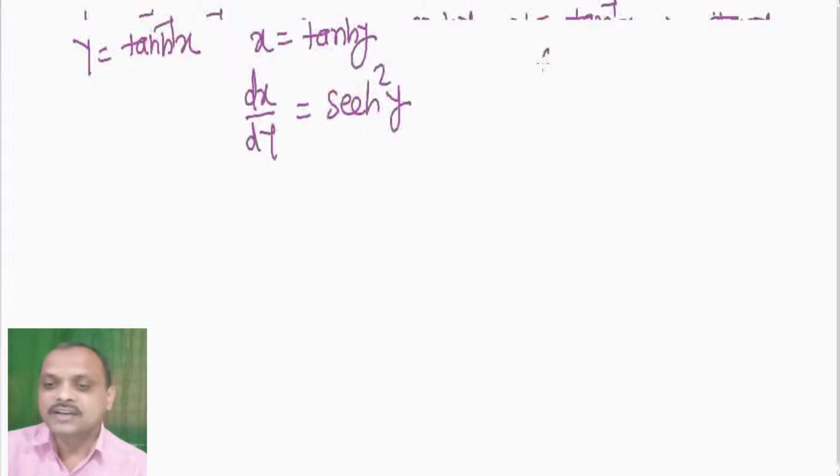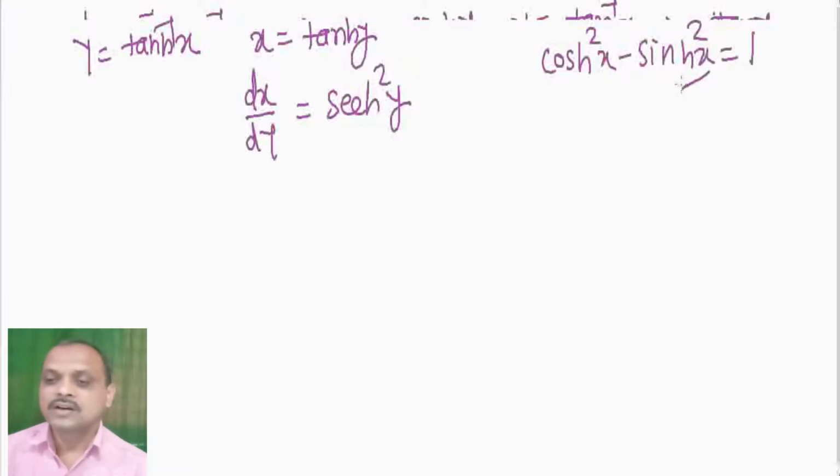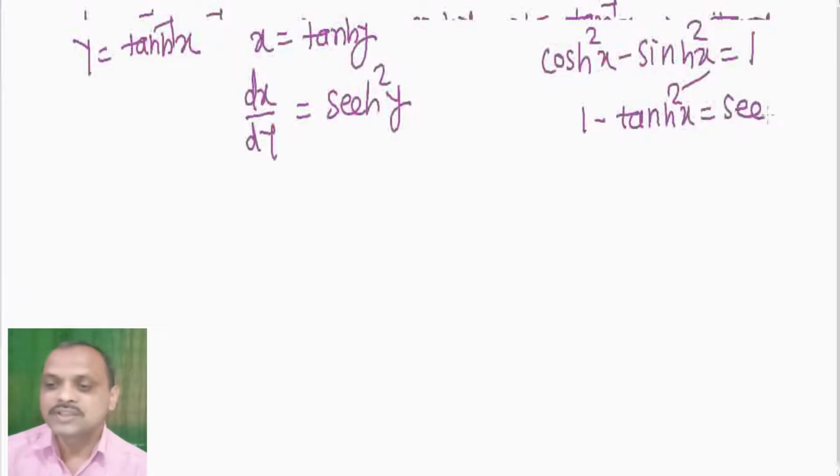Okay, again cosh square of x minus sinh square of x equal to 1. If we divide it by cosh square, we get 1 minus tanh square of x equal to sech square of x. So this is equal to 1 minus tanh square of y.